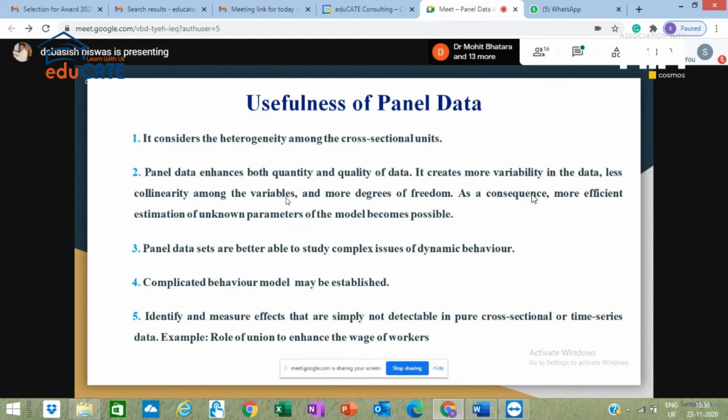Suppose you have considered 4 independent variables, A, B, C, D, and you have checked the collinearity between A and B. So collinearity only exists between 2 independent variables, that is A versus B, A versus C, AD, BC, BD, CD, in this way.